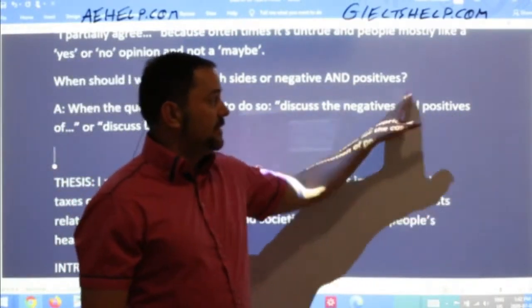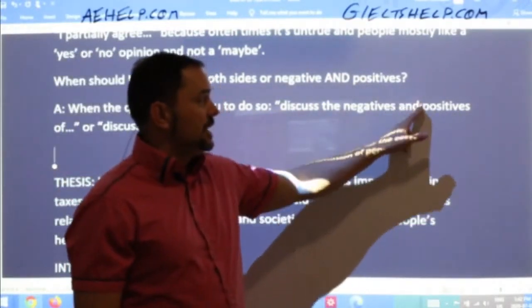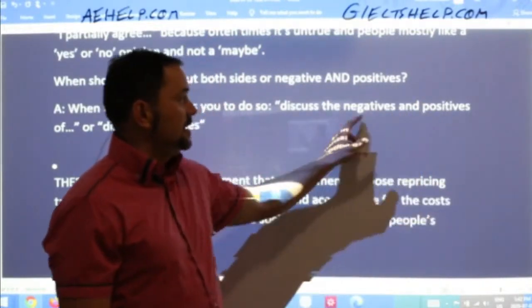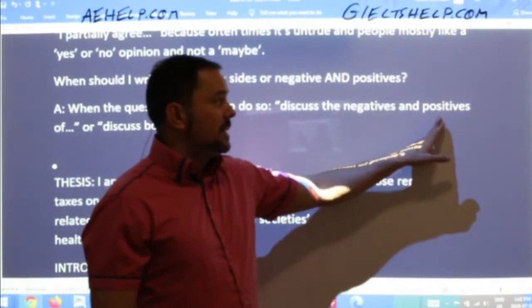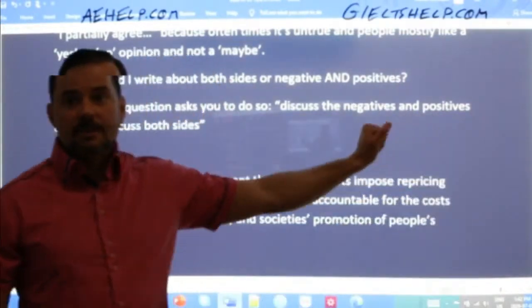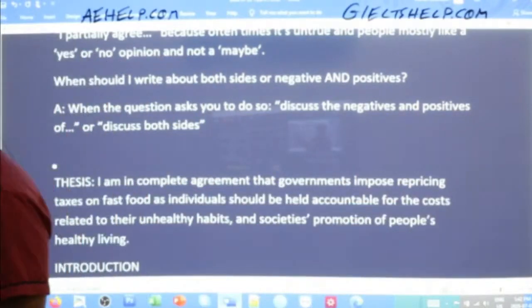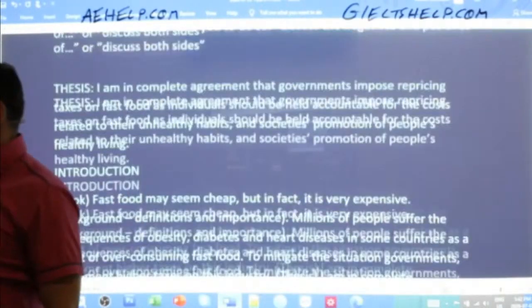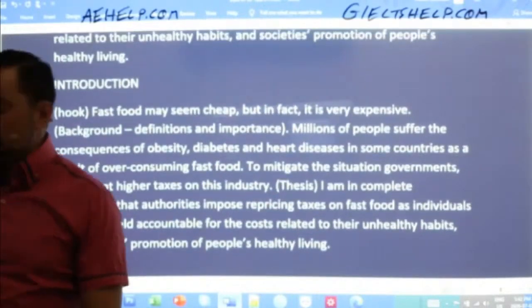The and is very important. If I change the and for or, it's not the same question. Discuss the negatives or positives, that's one side. And positives is both sides. That's very important. Okay? This connective word is very important in the question. Okay, here we go. Introduction.